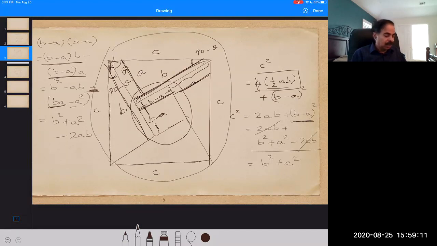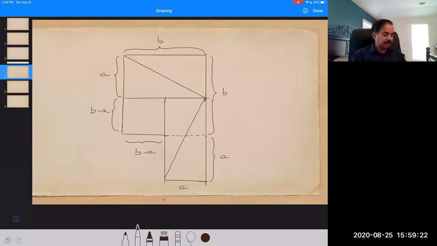So we put two of these triangles together on their hypotenuses, which means that you get a rectangle of size A times B, right? So two of those triangles make this rectangle, two of these make that rectangle, right? And this is the B minus A square sitting in here, right?